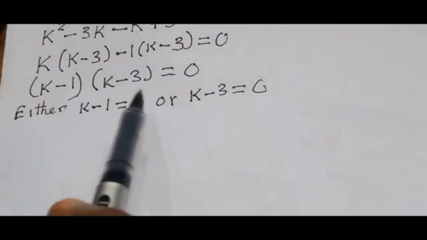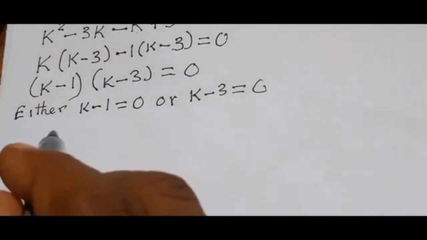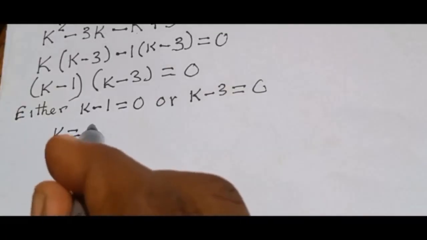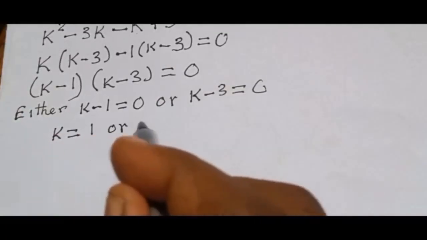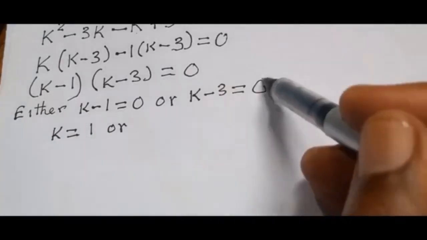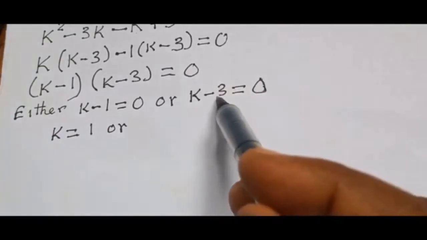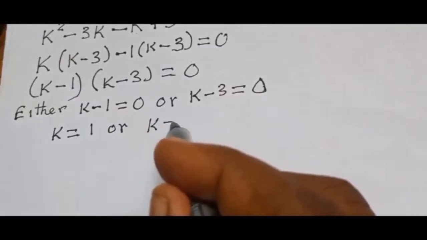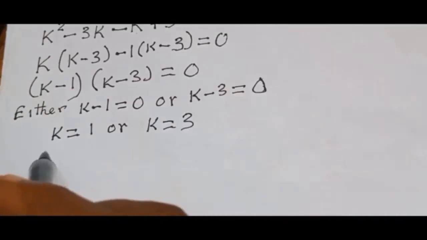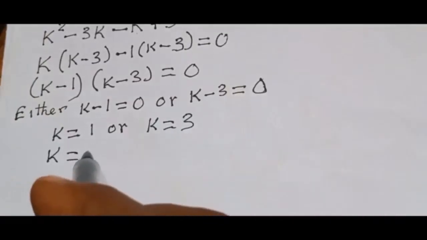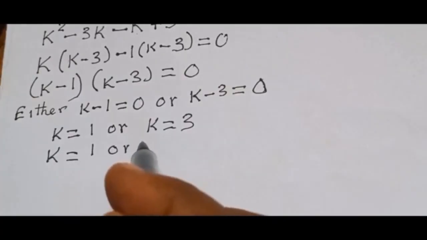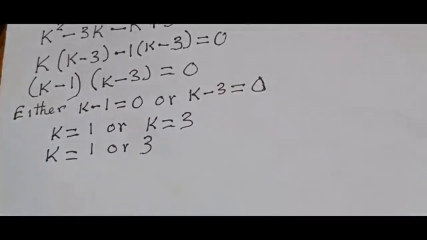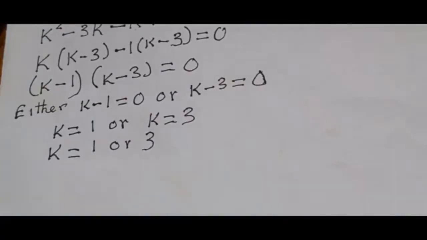Shift negative 1 to the right hand side, we get k equals 1, or again here, shift negative 3 to the right hand side, we get k equals positive 3. So k equals 1 or 3. Bear it in mind, we are not taught to find the value of k or to solve for k, but we are rather taught to solve for x.